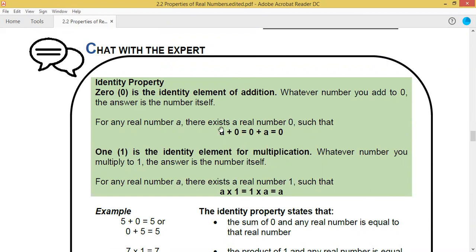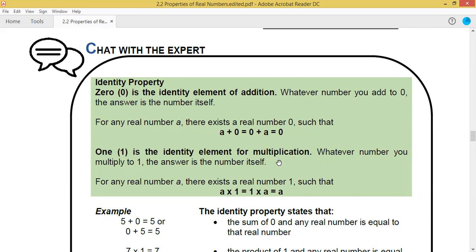For example, when A is added to 0 or 0 is added to A, the answer is still A. So, for example, 7 plus 0, the answer is still 7. Or if we have negative 3 plus 0, the answer is still negative 3.